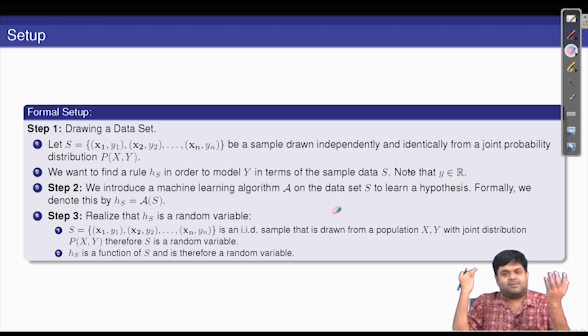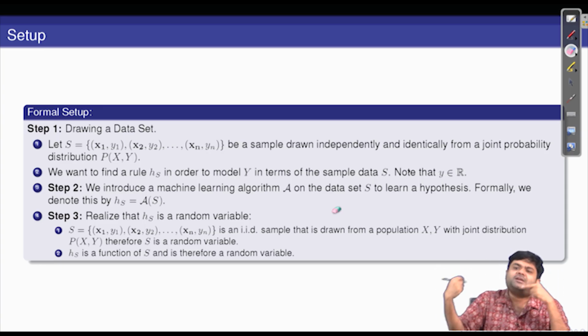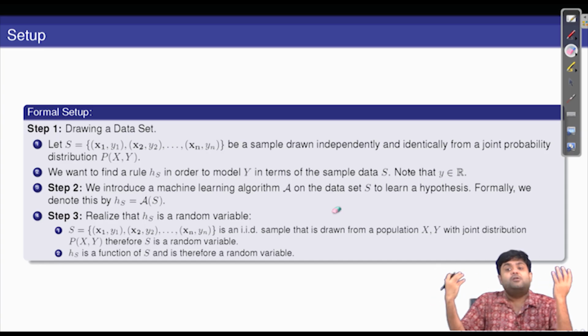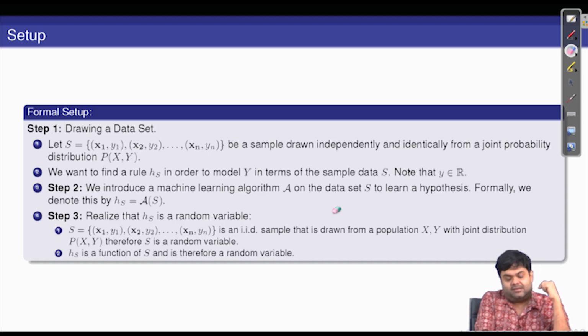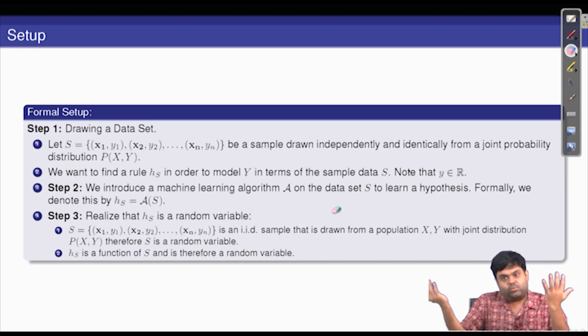It can be some other simple function, or it can simply be an algorithm, such as one fit through a neural network, which is nowadays one of the most highly valued algorithms used in machine learning, big data, etc. And the point here in learning theory is to realize that h_S is also a random variable, strictly speaking, because this data itself, these (x1, y1), (x2, y2), ..., (xn, yn), are being drawn from the population.